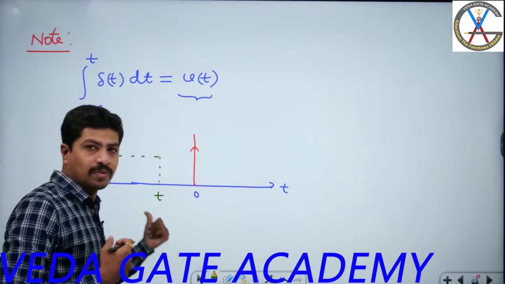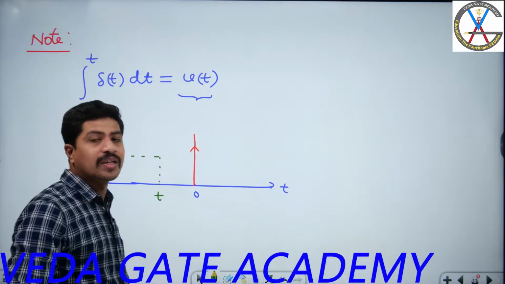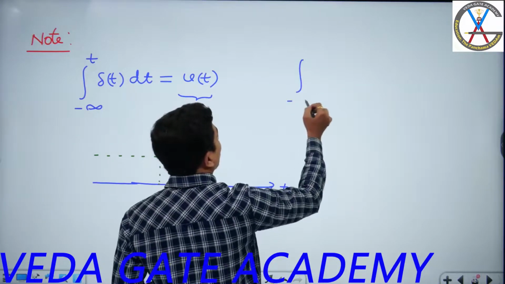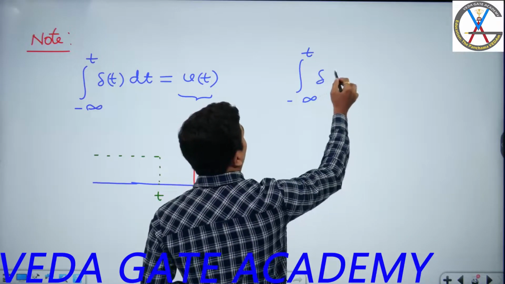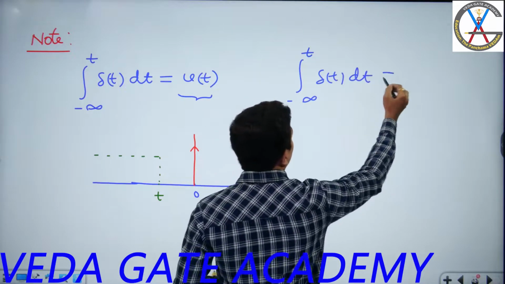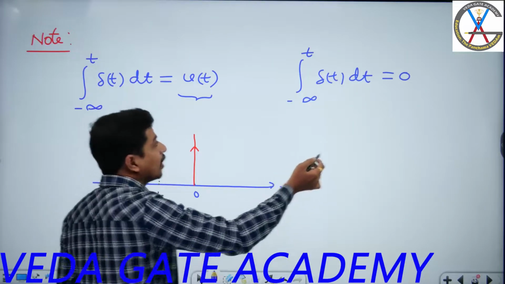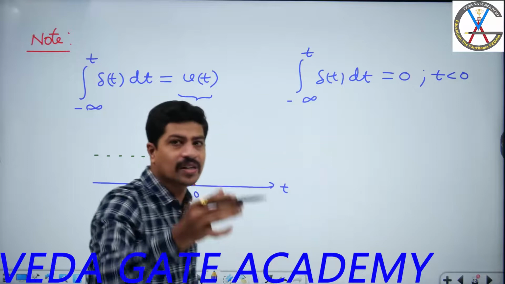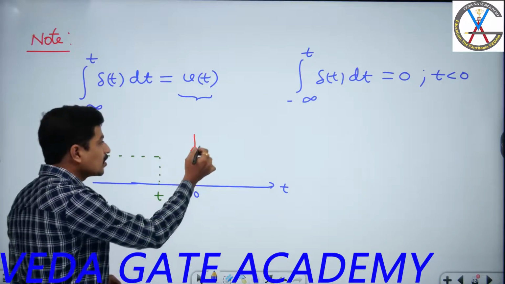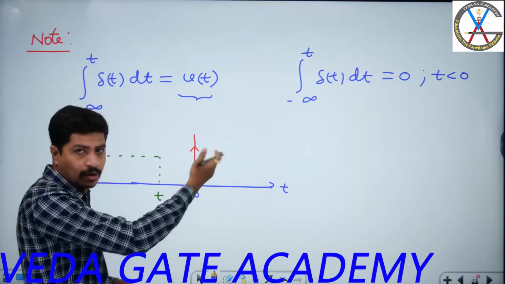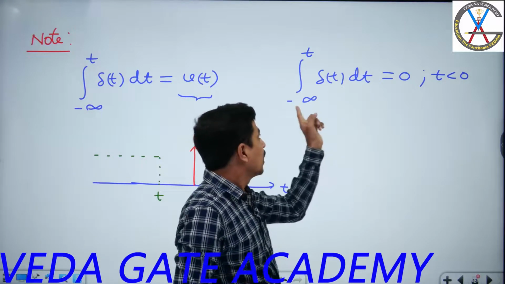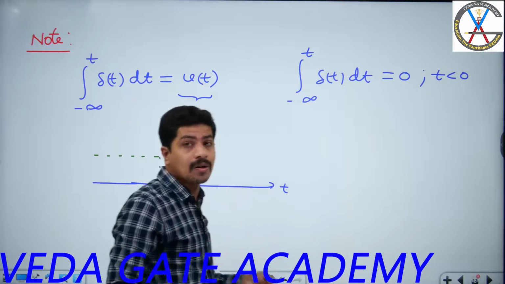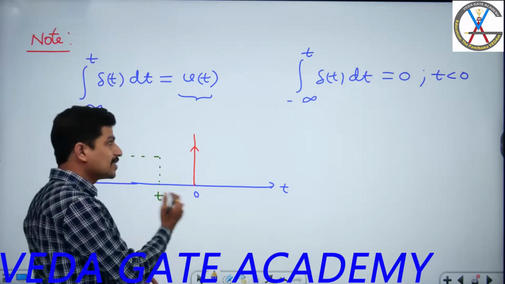Here the integral from minus infinity to t of del of t dt is equal to 0, because I'm taking t less than 0. Del of t is not here, you did not encounter del of t. Therefore, the integral from minus infinity to t of del of t dt is equal to 0.